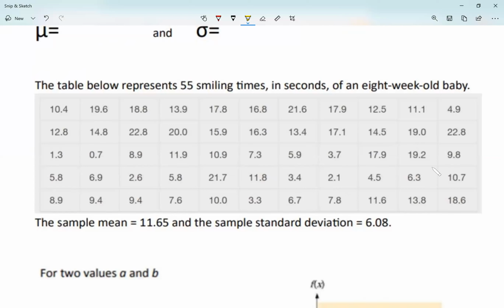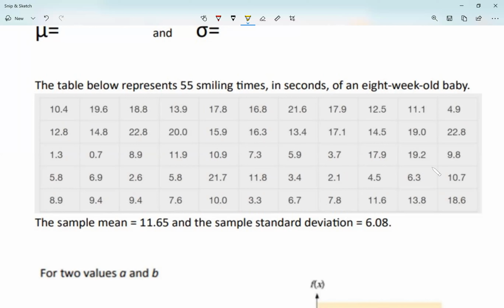There's 55 smiling times. So the table below represents 55 smiling times in seconds of an 8-week-old baby. For me to find the regular mean, I add them all. So 10.4 plus 19.6 plus 18.8, add them all divided by 55, and that's the mean.